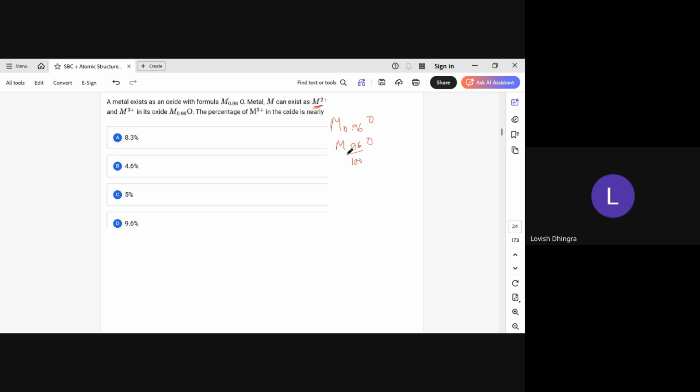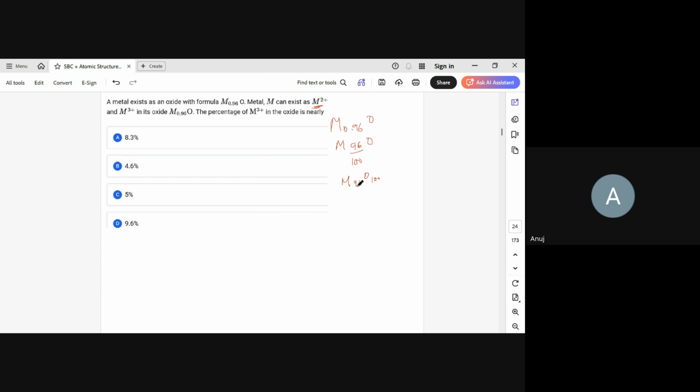I think some of you have done it this way. Now, see, after this, what you will do? Multiply by 100: 96 for M, and oxygen 100. I think this is the easy method.